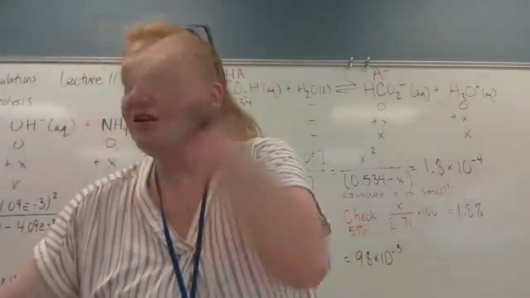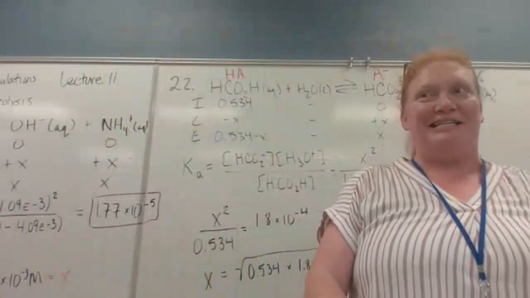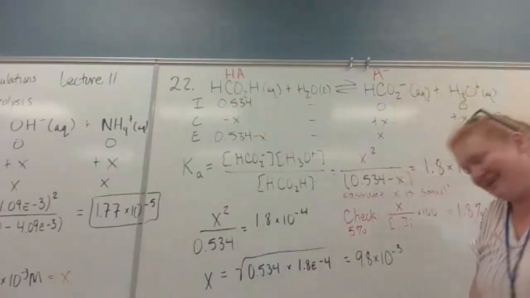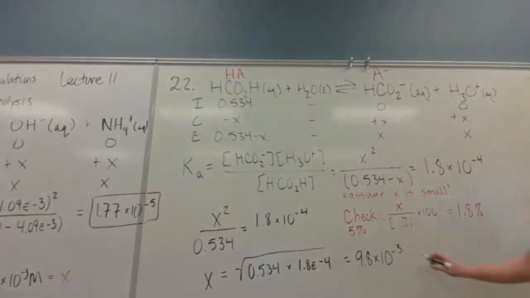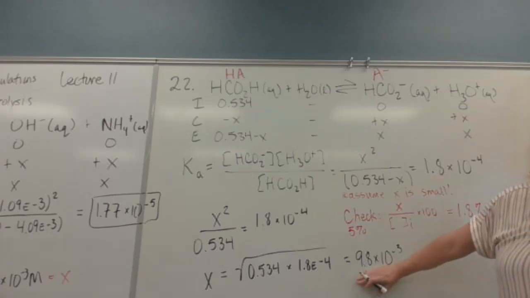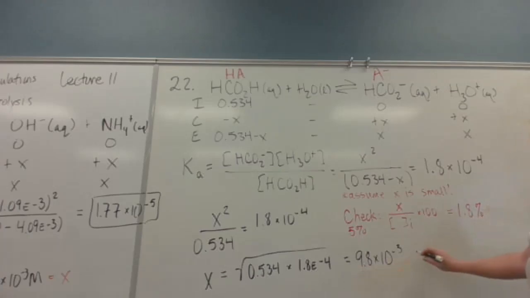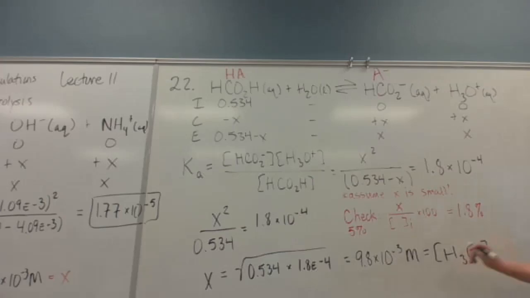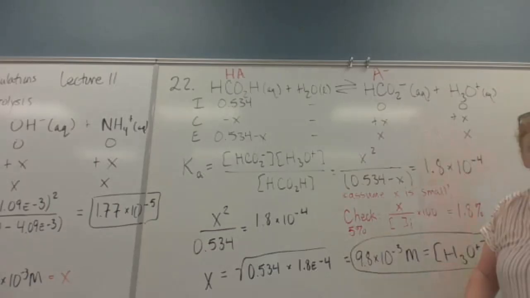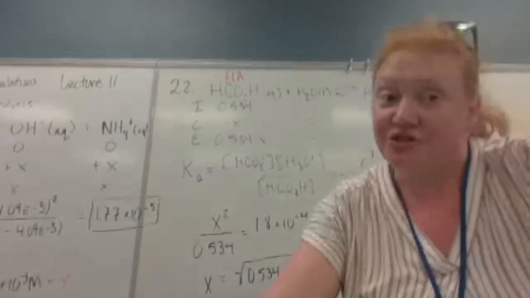So a lot of times people get to this point and they're like, "Woo, I did it." What did I ask in the question? It's not okay to just give me this number. First of all, I said, what's the concentration? So when you give me this number, it needs to be in molar. That was one of the answers I asked for. And then this specifically said, also tell me what the pH is.